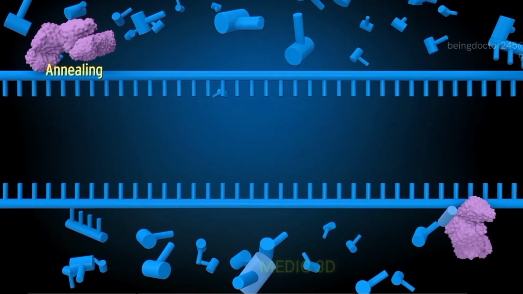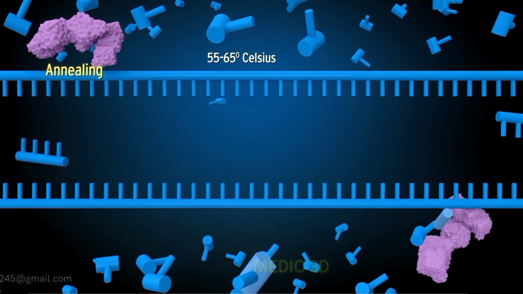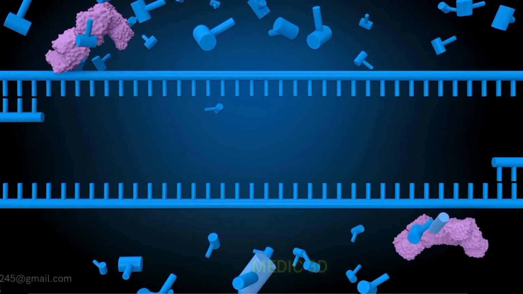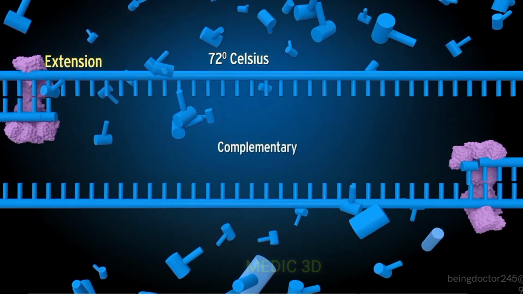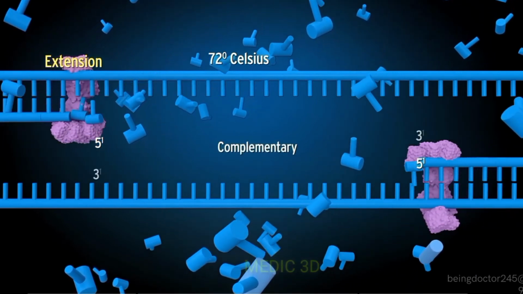Annealing. This process occurs at 55 to 65 degrees Celsius. The forward and reverse primers bind to the 2 separated strands. Extension. At around 72 degrees Celsius, the polymerase adds nucleotides complementary to the strands in the 5' to 3' direction.